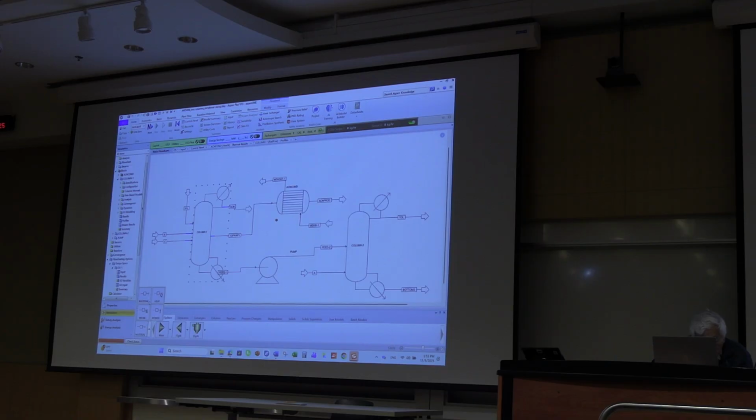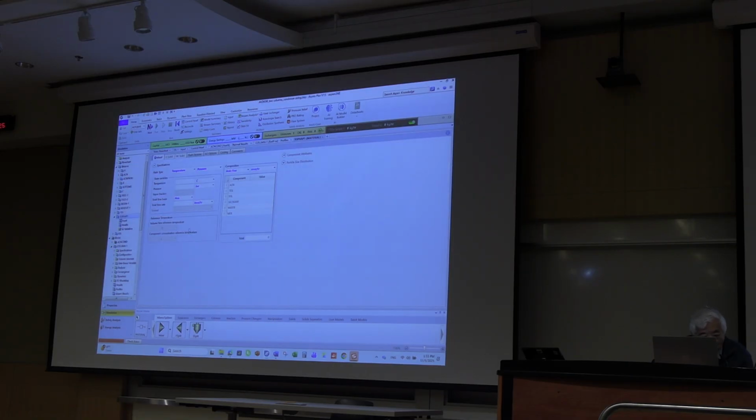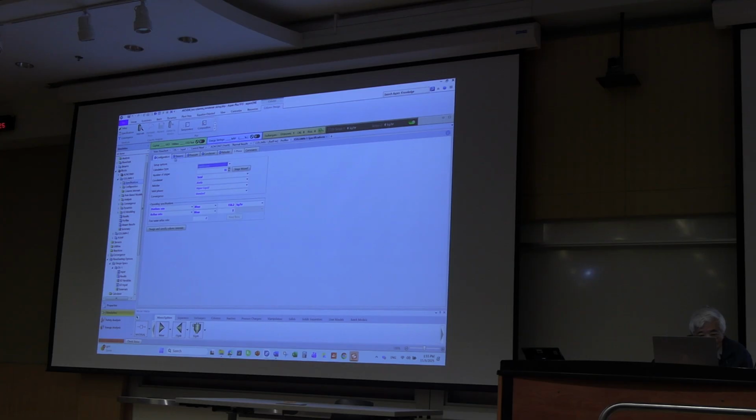So you specify a pseudo stream. You take a stream out, and then top vapor input. For this, you need to go to the column, Column 1, specification, stream.